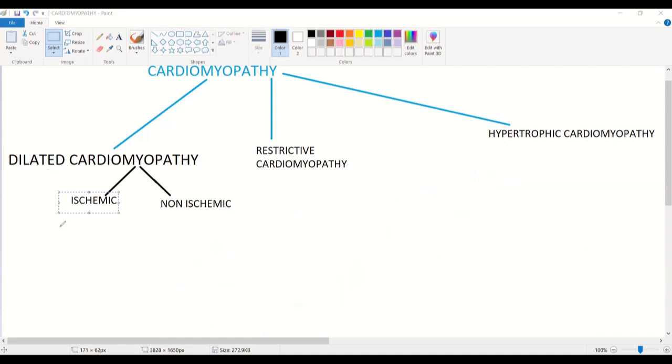What is stress-induced cardiomyopathy? Basically, when there is physical or emotional stress, there is a catecholamine surge, and that can lead to vascular spasm, which would then lead to ischemia and then myocardial dysfunction of the left ventricle.